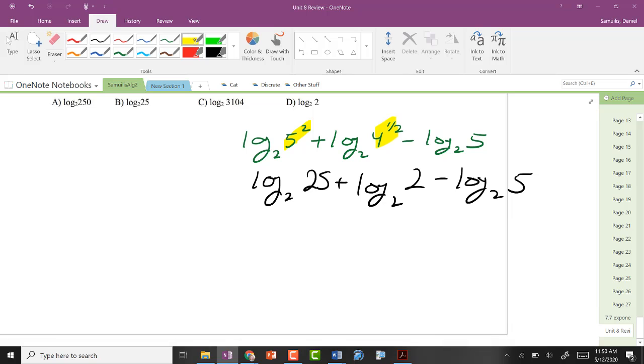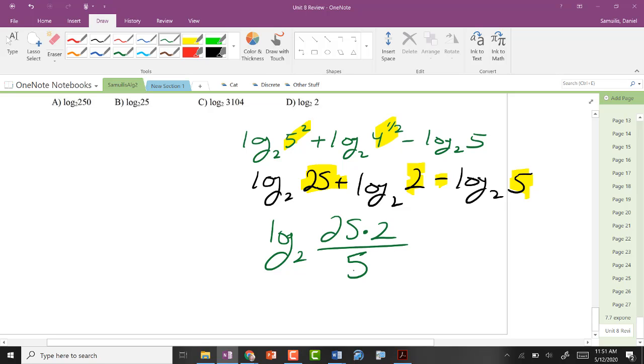Okay, so now I can combine it to one logarithm. 25 and 2 get multiplied. The 5 gets divided. So log base 2 of 25 times 2 over 5. Oh, wait.